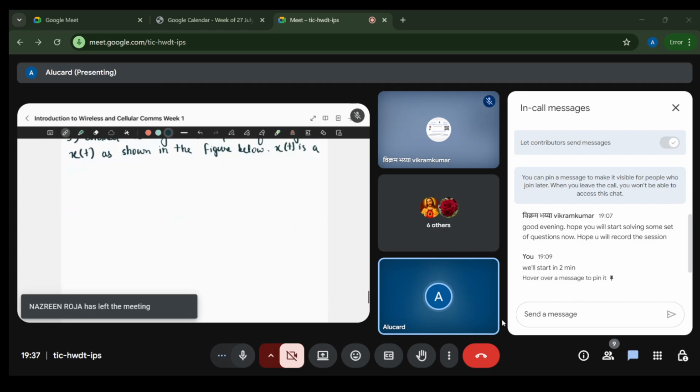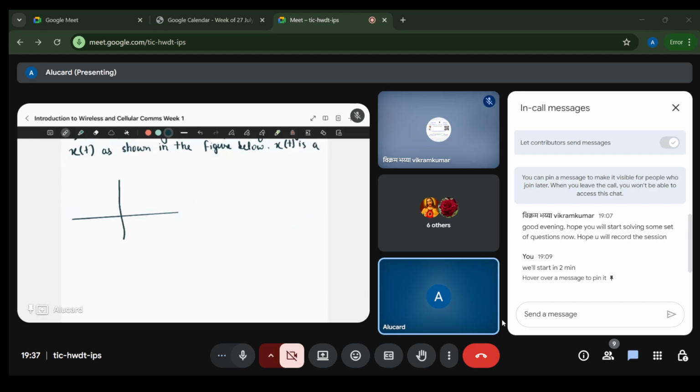First, I'll draw the figure, then I'll give you the options. So, this is the magnitude response of the real part, and this is the magnitude response of the imaginary part.